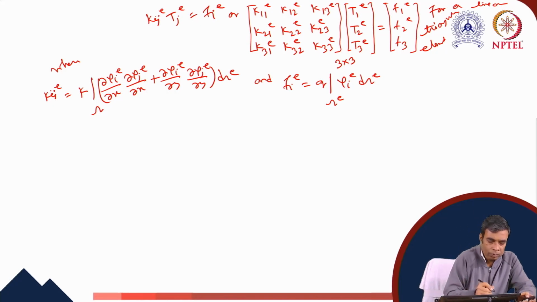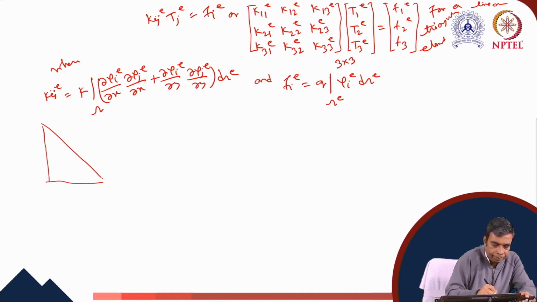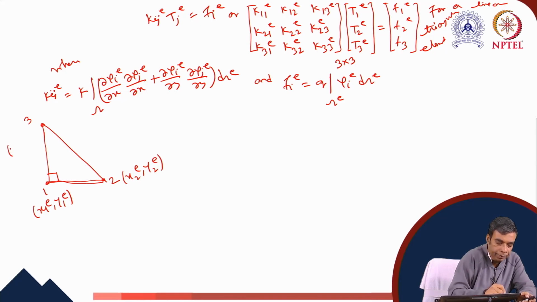Now let us redraw the element once more. So here this is the element. So this is the right angle, local nodes 1, 2 and 3. So its coordinates are x1e, y1e, x2e, y2e, x3e, y3e.